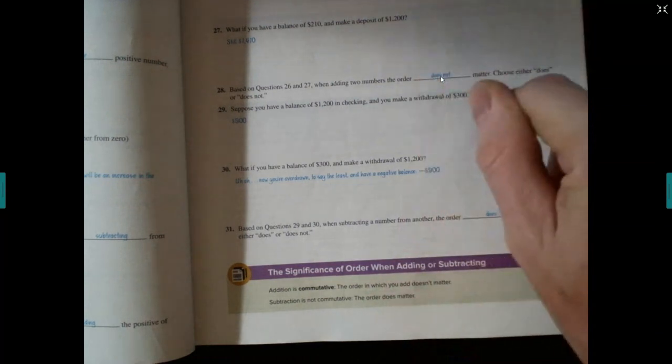The order does matter, because if you think about adding a -3 to a +4, that's a little different than when we're talking about something like -3 added to -4. So it's different for subtraction. You can't do 4 minus 3 and then 3 minus 4 and get the same answer. That's what they're talking about.